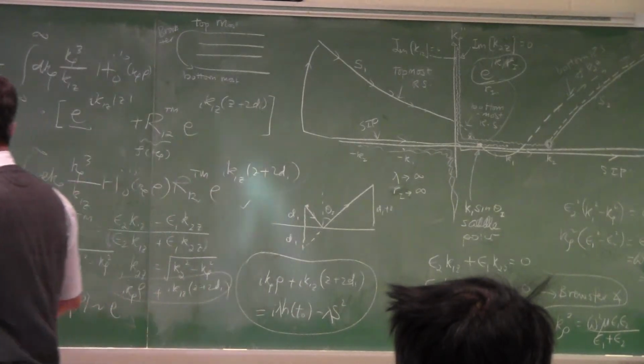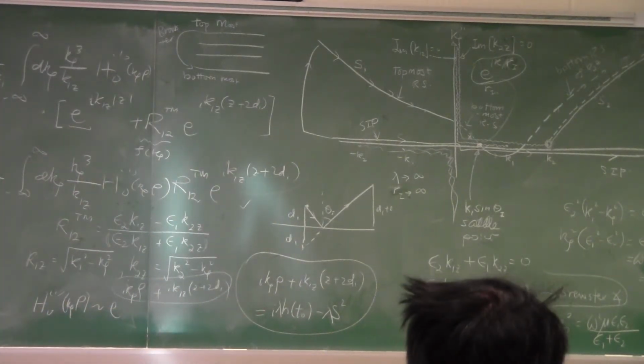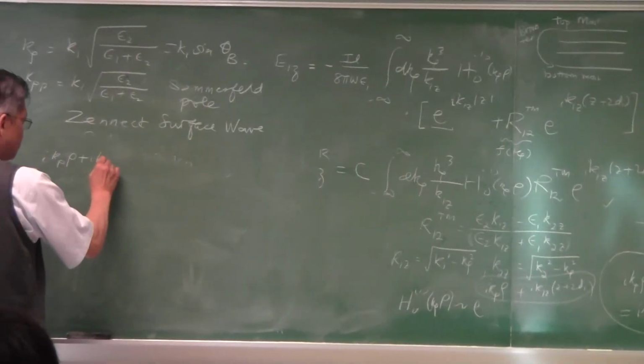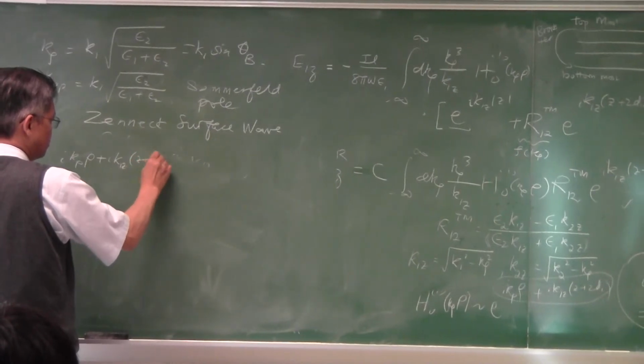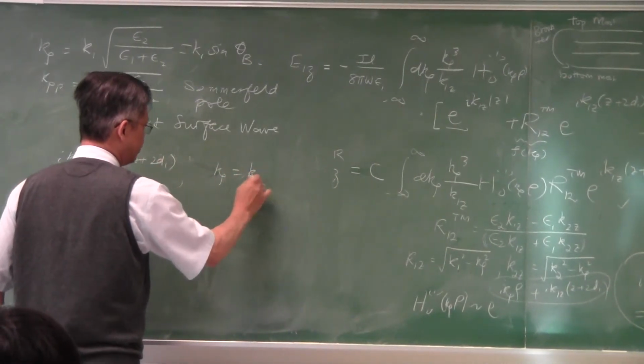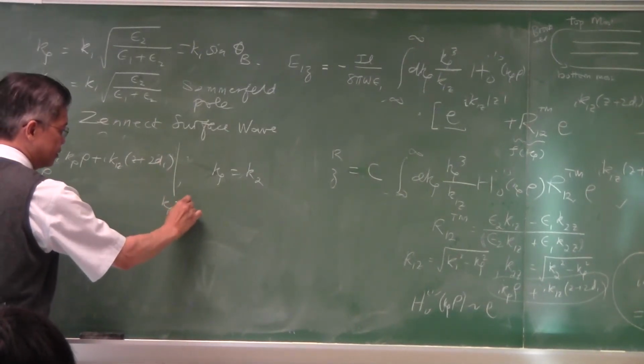So you can immediately see that this phase function is going to be evaluated at k rho equals k2. Okay? So you're going to evaluate this at k rho equals k2.